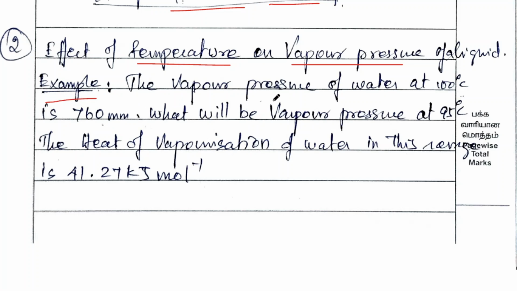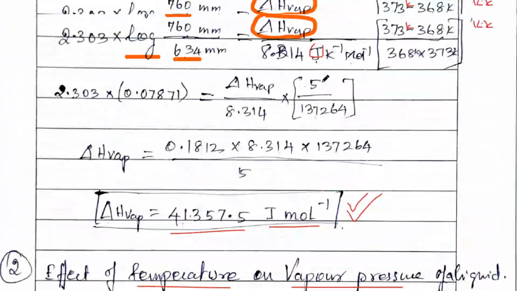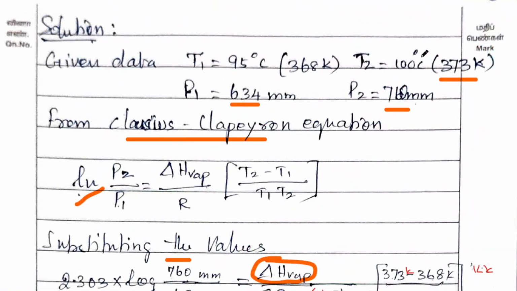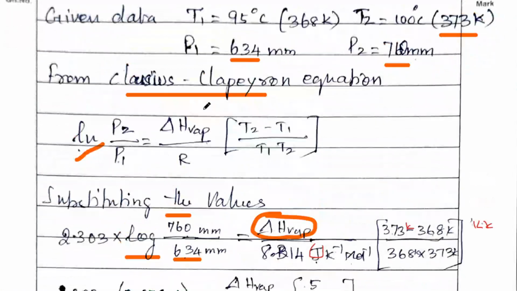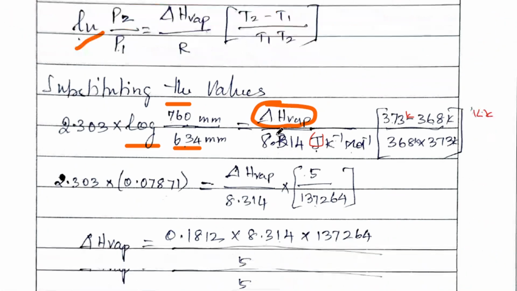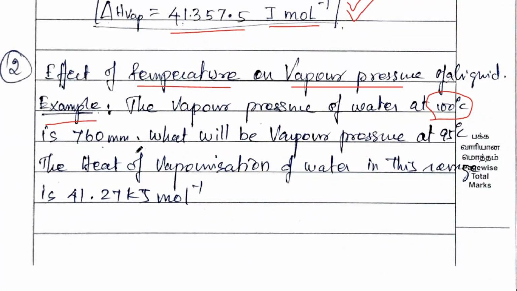The vapor pressure of water at 100 degrees. This problem is just like the previous problem, in which delta H vaporization is given, and T2 and P2 are asked. The pressure is asked. Effect of temperature on vapor pressure. Okay, now let us see.